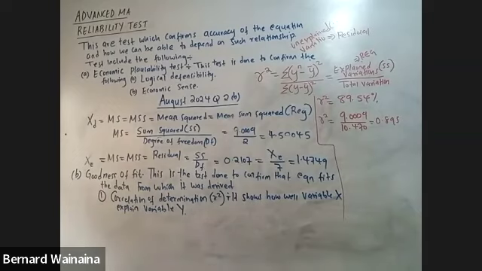Now, how do you explain it? This is how you explain part 3, the part of R squared.